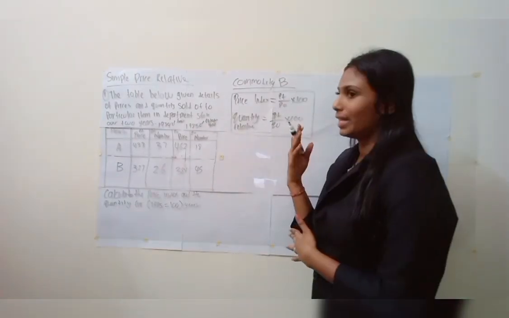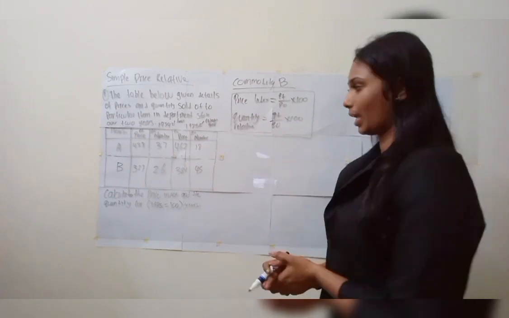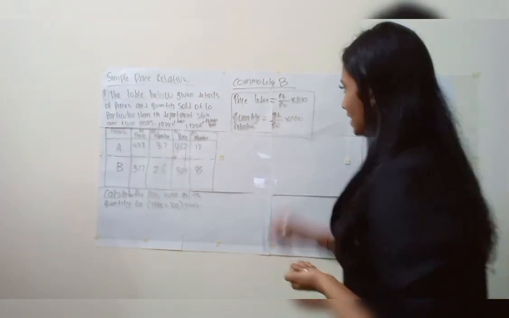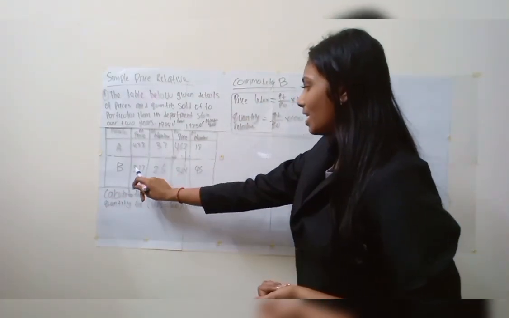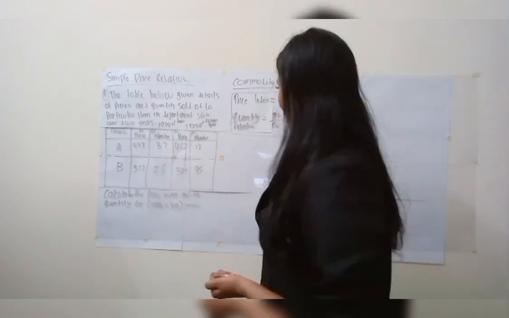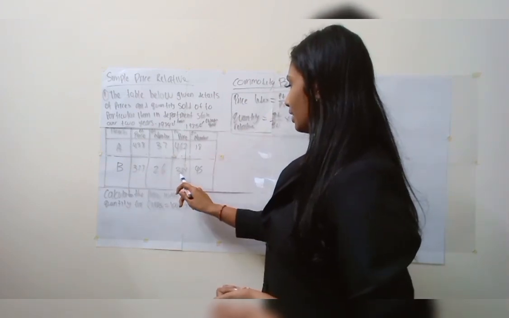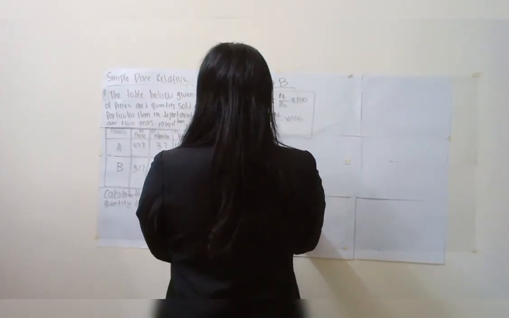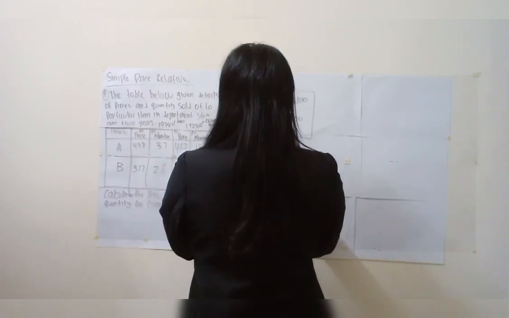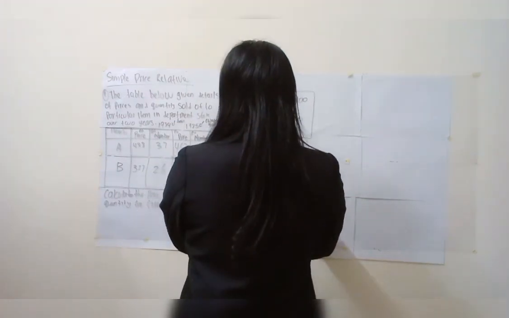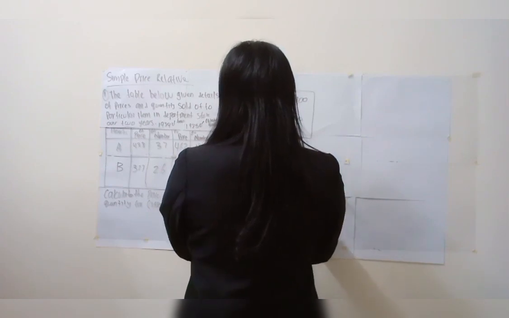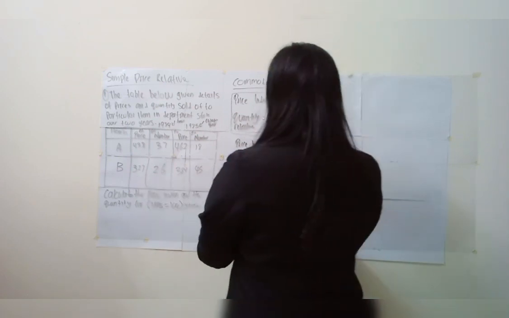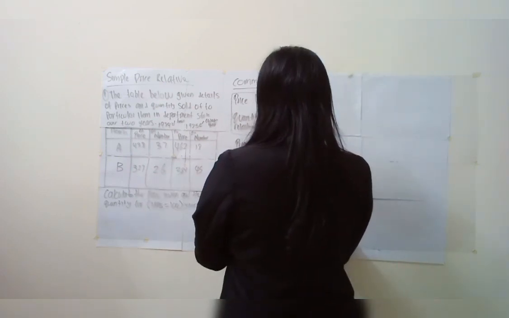Now we give the solution. Let's look at B, price index. PT is 327 and PO is 384. So price index equals 384 divided by 327 times 100.